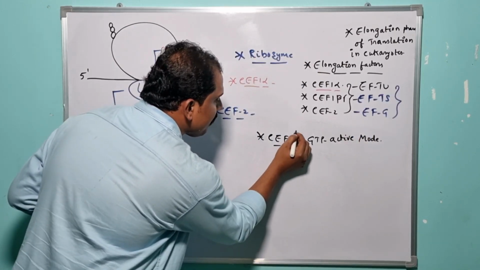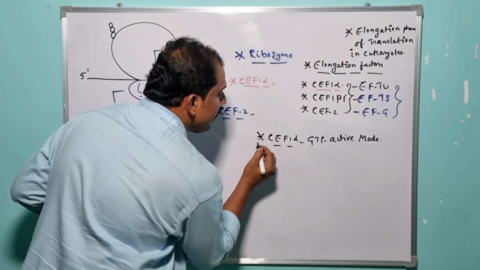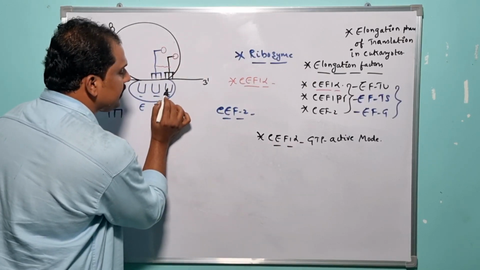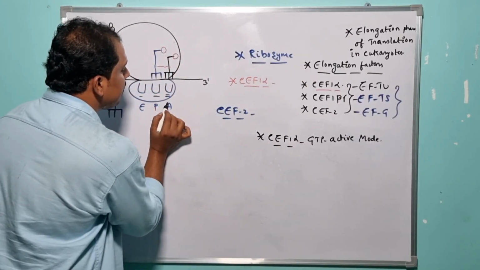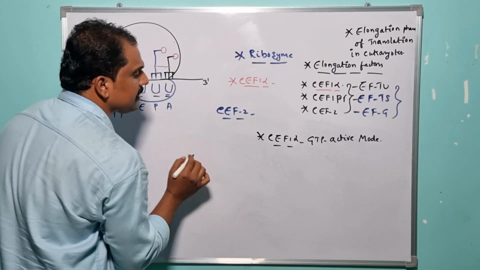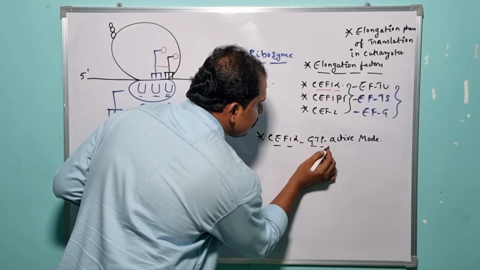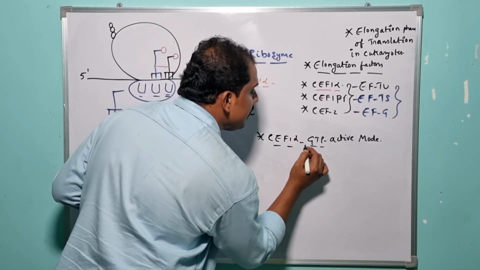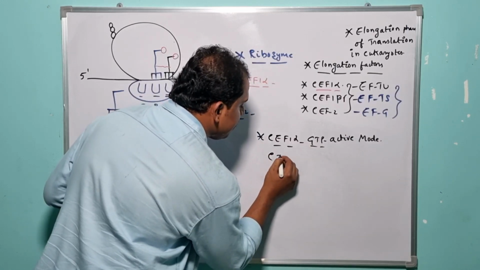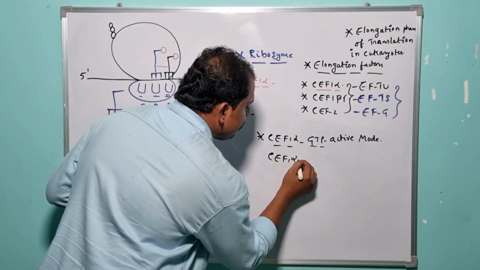And once it successfully delivers the amino acid tRNA to the A site of the ribosome, the eEF1 alpha in association with GTP undergoes GTP hydrolysis and remains in inactive conformation, right?